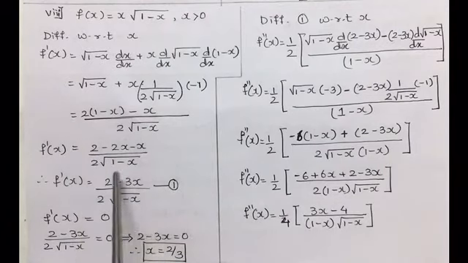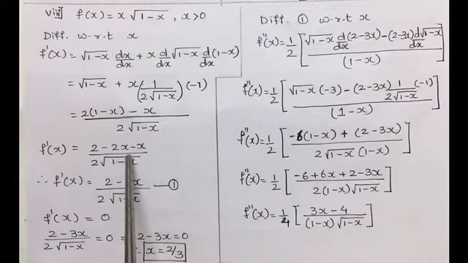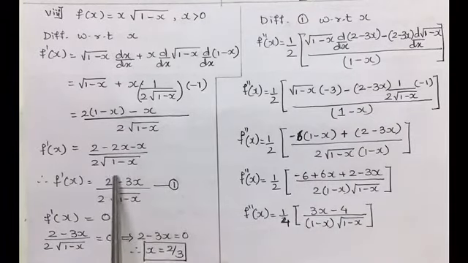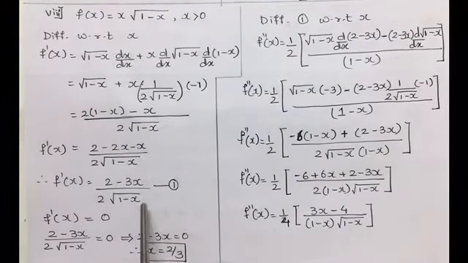Open the bracket, we get the first derivative as 2 minus 2x minus x. In the denominator it remains as it is. F dash x is equal to 2 minus 3x upon 2 root of 1 minus x. This becomes our first derivative after simplifying it.